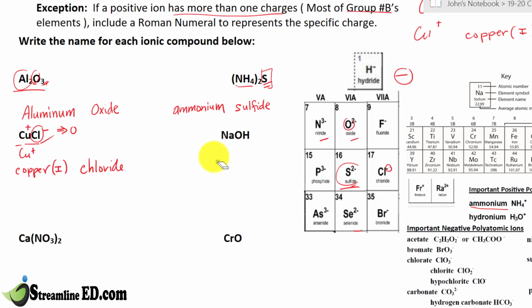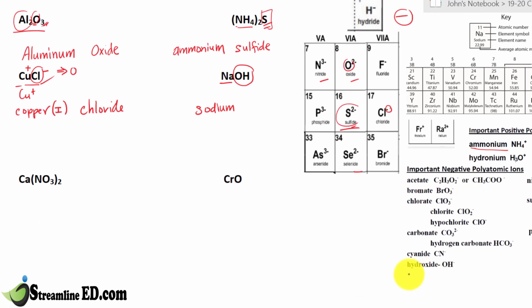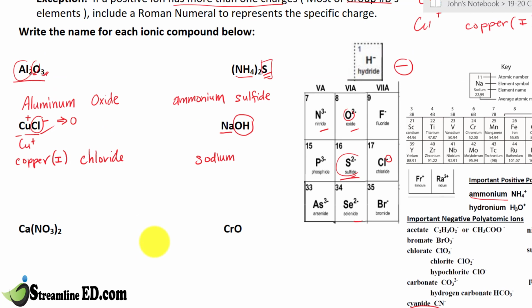Let's try another problem. Here we have Na, and Na is sodium. That is in group 1A on the periodic table. And OH right here, that's a little bit tricky because we don't have the parentheses there. But what does OH represent? If you go down to your list, OH represents hydroxide. So we just have sodium hydroxide. That's all it is. Let's try another one.